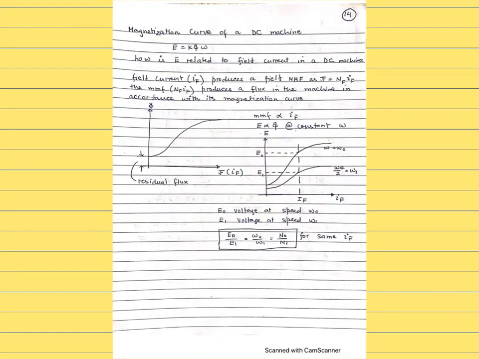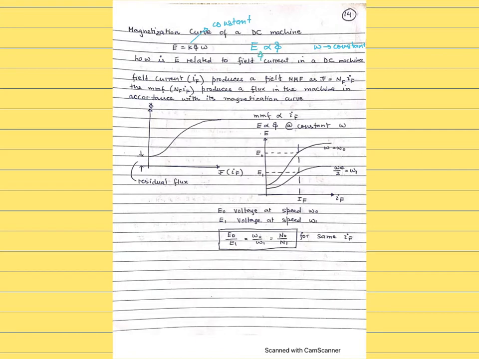Okay, so we have the magnetization graph of a DC machine. We're going to figure out how the induced voltage is related to the field current in the DC machine. We saw E depends on K, phi, and omega. K is constant, the machine constant. So for any one speed, if you keep that constant, E is proportional to phi. And what is this field produced by?